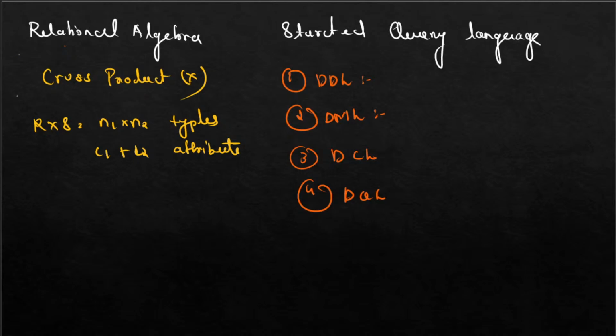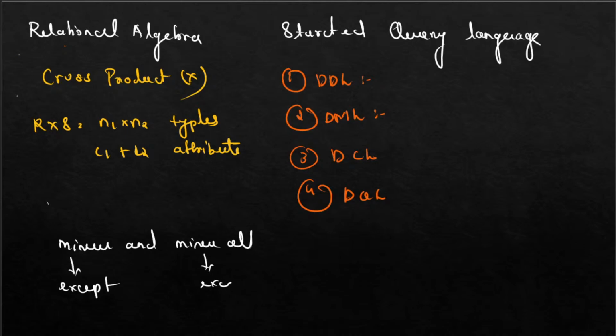After that, set operations: union and union all, intersection and intersection all, minus and minus all. Minus is nothing but except, and minus all is nothing but except all.